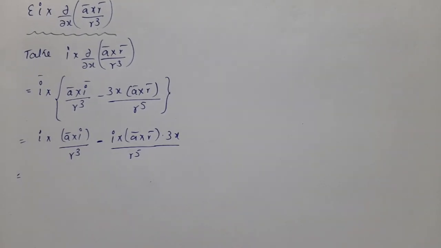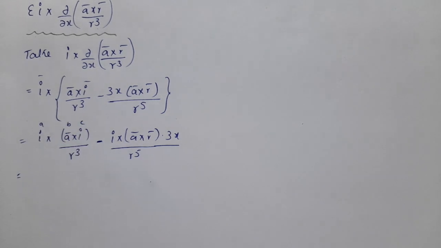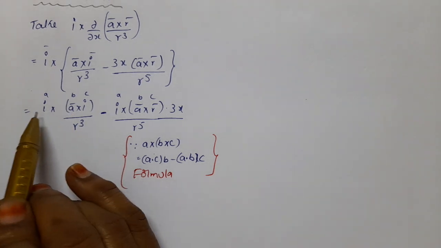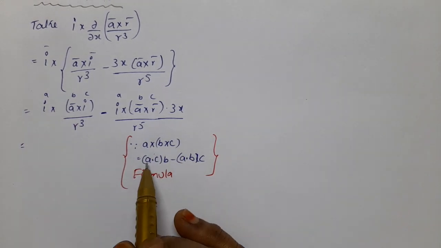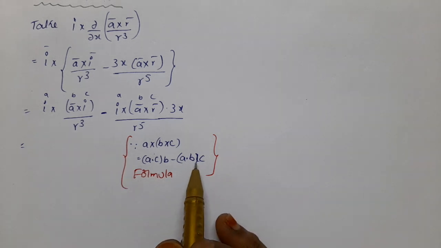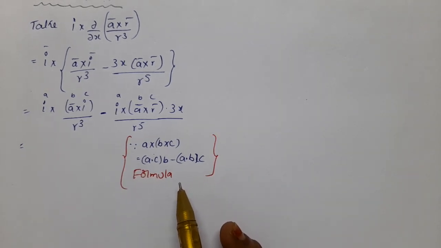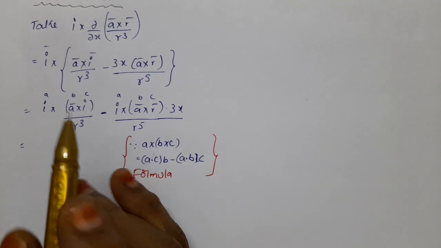This is equal to, take this as A, B, C. This is in the form of A cross B cross C equals A dot C into B minus A dot B into C. This is the formula in Intermediate vectors. Now apply these formulas here.